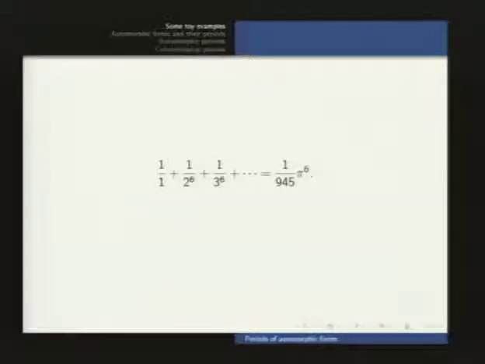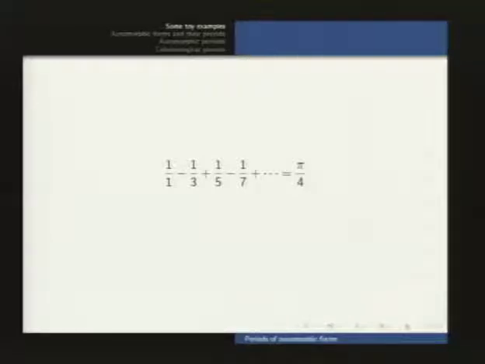Now let me give the simplest, I would say, non-trivial variant on this story, which is to alternate signs. If you just alternate signs, that really is easy to express in terms of this, but if you restrict to the odd numbers and alternate signs, you get something that behaves a little bit differently.